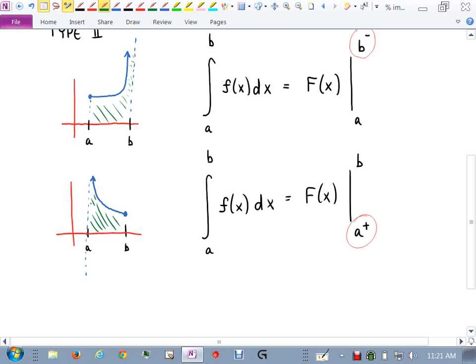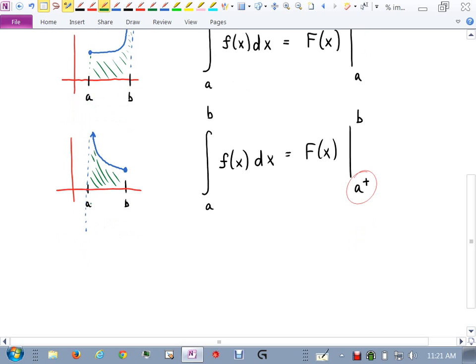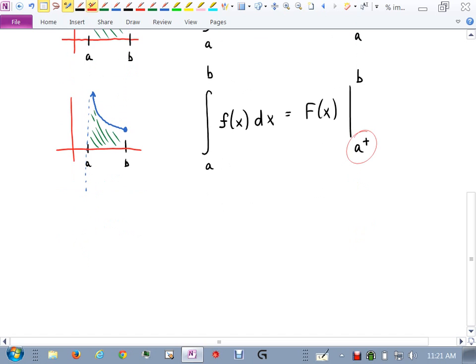Okay, and then the third case we could have is if we have our a and our b, and we have a function that is defined at a, and the function is also defined at b, but somewhere in between, let's say at c, it doesn't have to be halfway, we have an asymptote.